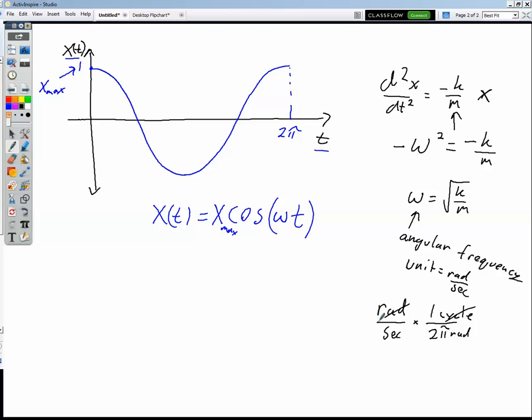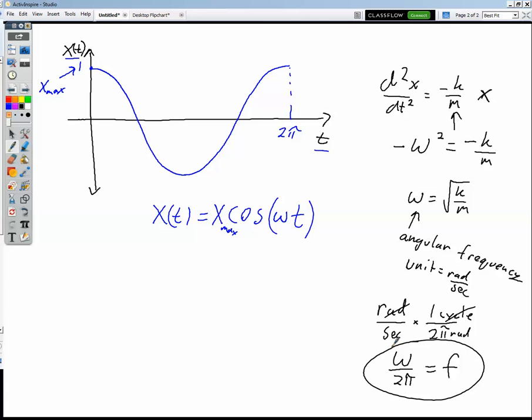So we have to take omega and divide by 2 pi to get our standard frequency. So omega over 2 pi is equal to what we traditionally think of as the frequency. And the unit on that frequency is cycles per second, or hertz, 1 over seconds.